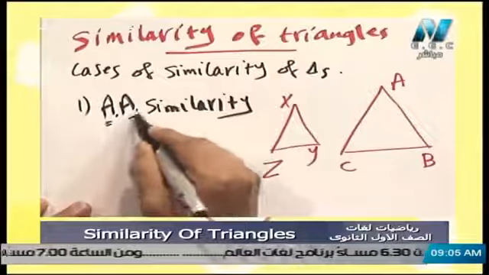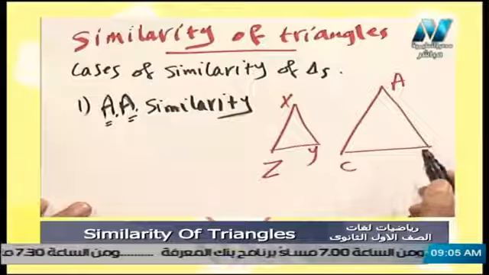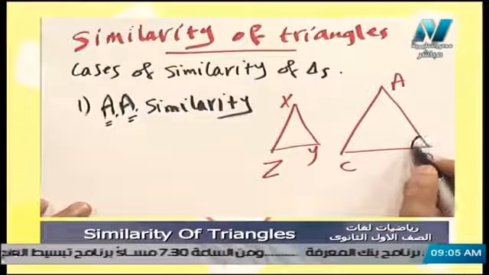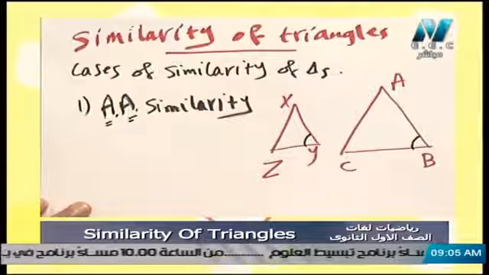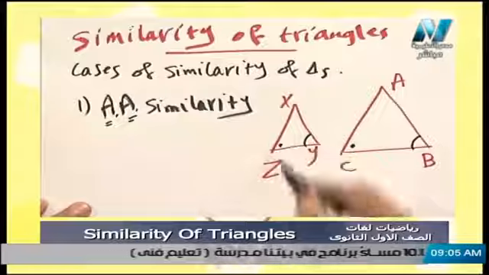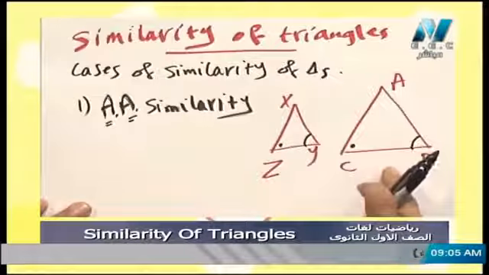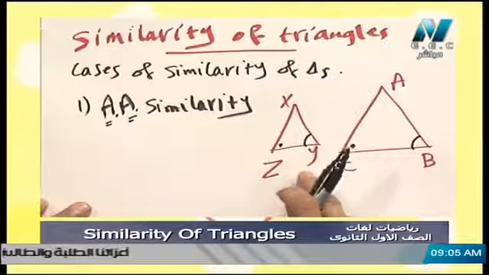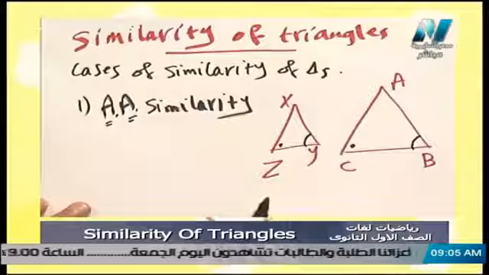What about AA similarity? What is the meaning of AA? If we have two angles like that, if measure angle B equals measure angle Y and measure angle C equals measure angle Z, that means that two angles in the first triangle equal two angles in the second triangle, then we can say that the two triangles are similar.